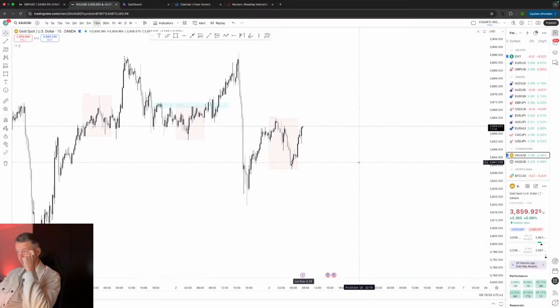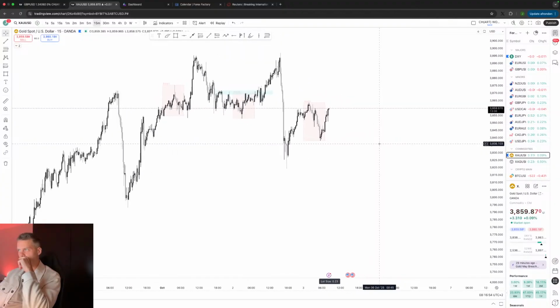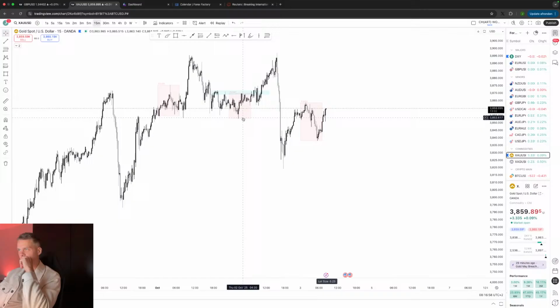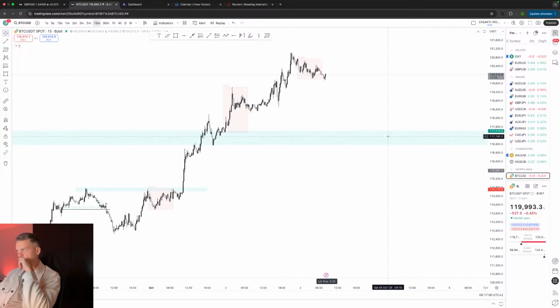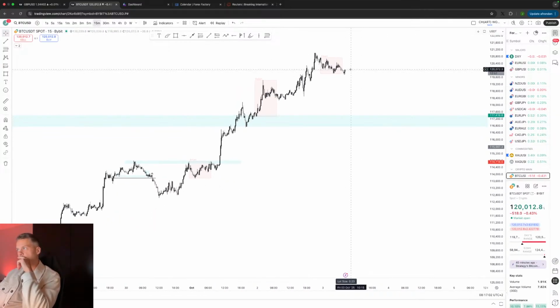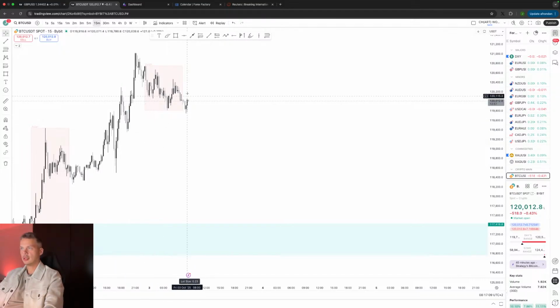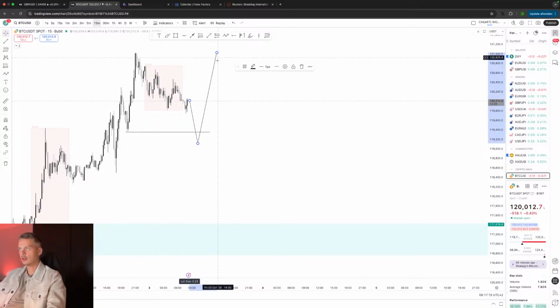What's gold doing? I really didn't like gold though. Messy price action, just not loving it. Bitcoin, well, just pushing up, potentially will go higher again. Same story, inducing. What I want to see is breaking bearish to go long.